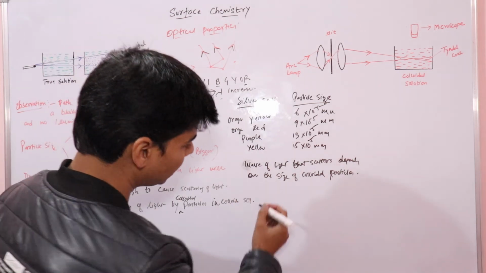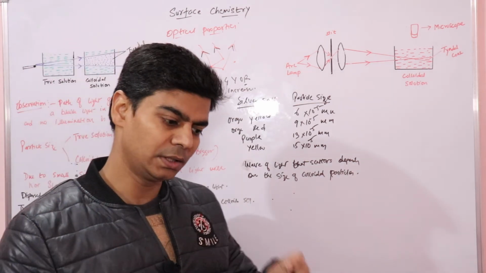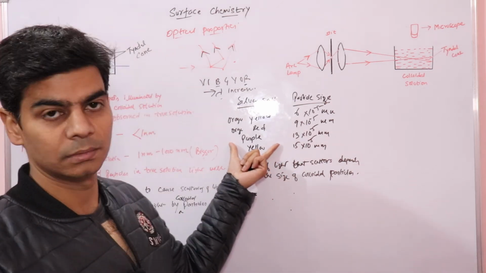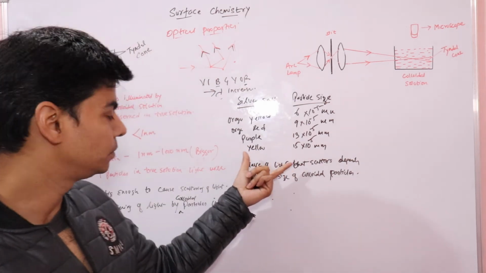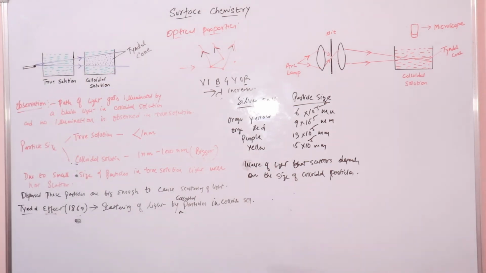Different particle size will scatter light of different wavelengths, and depending on the wavelength of light that gets scattered, you see the color of the colloidal solution. I hope now it's easy.